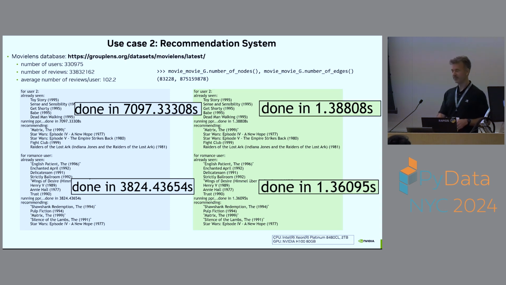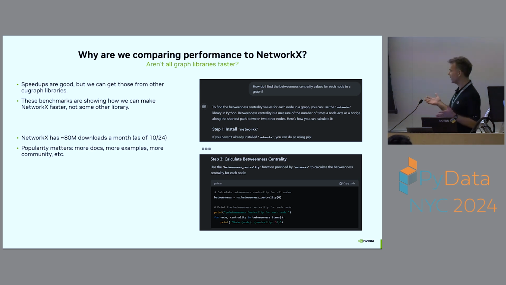But a lot of critique we get for this approach is, why are we comparing performance to NetworkX? Aren't all libraries faster than NetworkX? NetworkX's strength is its usability, its documentation, its community. Everyone knows it. If you ask ChatGPT how to find the betweenness centrality values for each node in a graph, I didn't say anything about Python. I didn't say anything about NetworkX. And it says, step 1, install NetworkX.